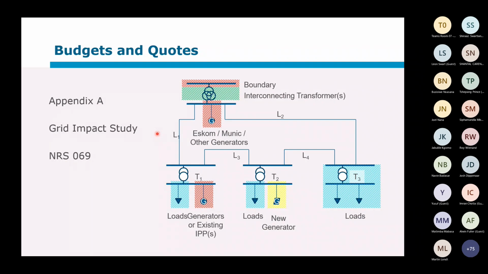So for the first stage, we are going to say that we did the grid impact study, and it showed that there are certain conditions, typically when the loads are at the minimum and our generation is at the maximum. So let's say it's PV, then typically lunchtime during the day, your load isn't very high, it's not at the peak, and you compare that to the generation, which would be at its peak.